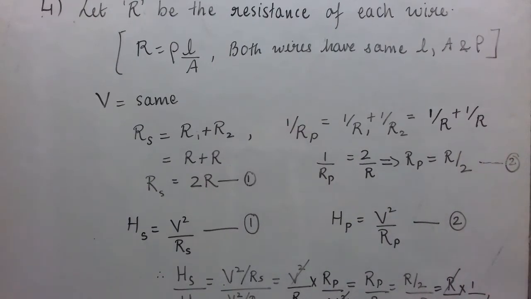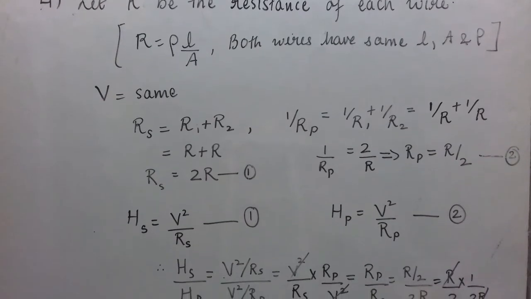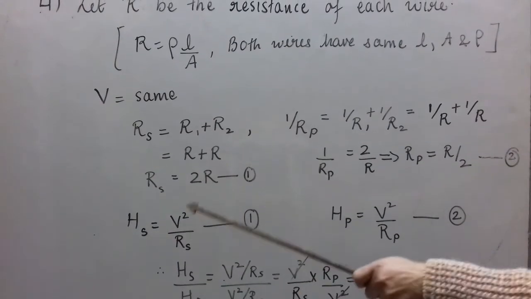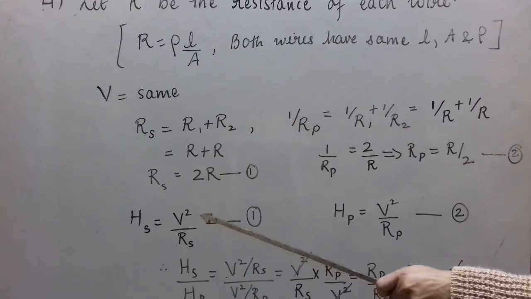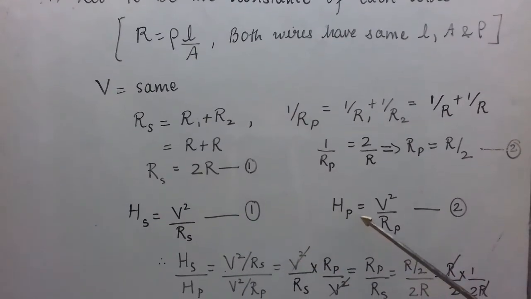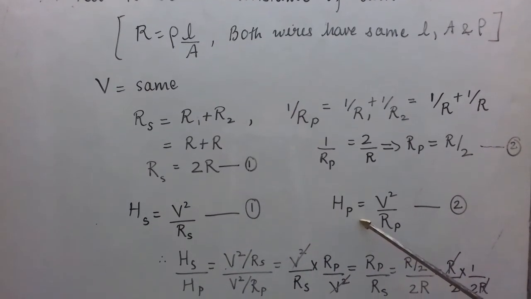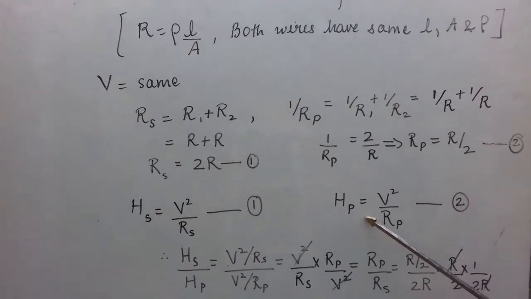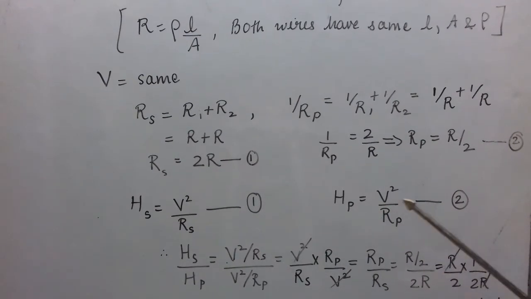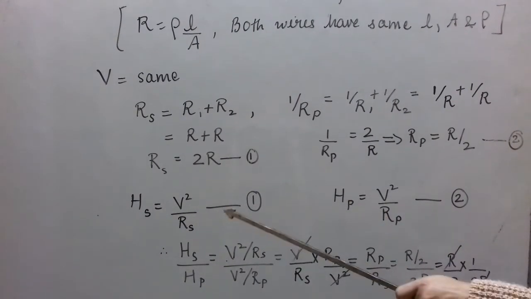What you have to find is the ratio of heat produced in series and parallel combination. So let HS represent heat produced in series combination and HP represent heat produced in parallel combination. Since the potential difference is constant in both cases, we are using this formula.